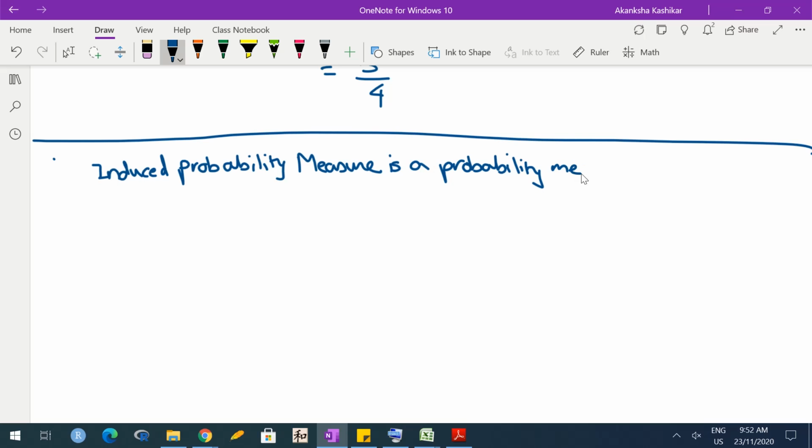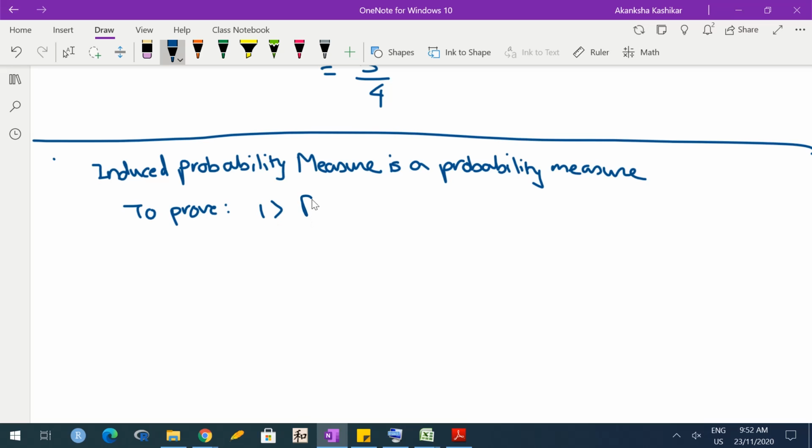What I mean is, it should satisfy all the three conditions from the definition of probability. So what were the conditions? First, it should always be non-negative. Secondly, when you input the entire universal set in it, it should give you 1. And for disjoint sets, it should be additive. So we need to prove three things.